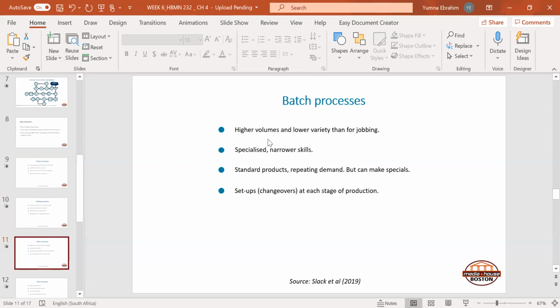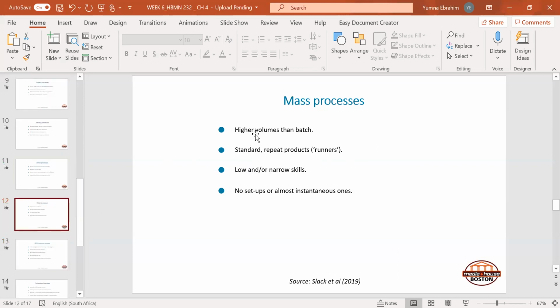The batch process is very easy to link into. Bakeries generally use the batch process. They bake in batches. So they would do a batch of brown bread, a batch of white bread, white rolls, brown rolls, etc. Mass processes produce high volumes of standard, repeat products, and this would be something like Coca-Cola. It's produced in very high volumes, and they don't have to keep setting up the machinery.